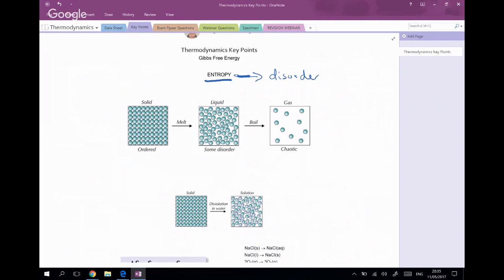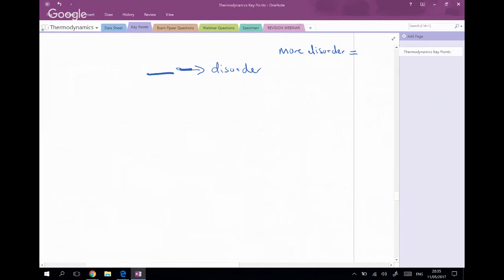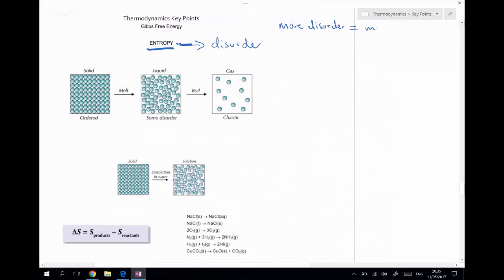The first is that more disorder is equal to a more positive entropy value. And obviously less disorder is a less positive, or more negative, entropy value.